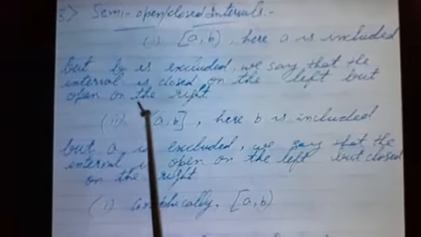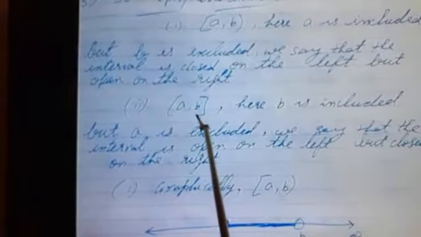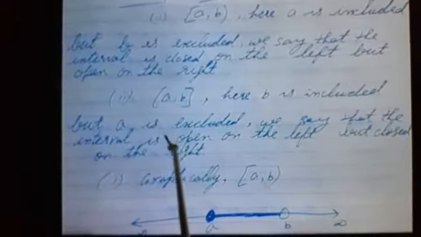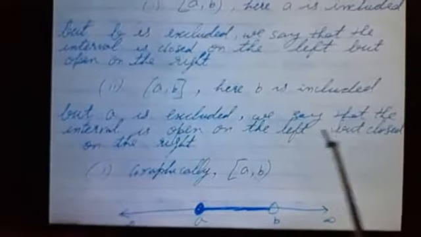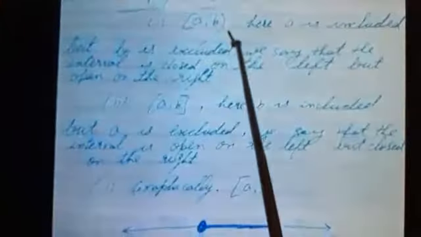We say that interval is closed on the left hand side but open on the right hand side. Second point, (a, b]. Here b is included but a is excluded. We say that interval is open on the left side, open bracket, but closed on the right. Both are known as semi-open or semi-closed interval.